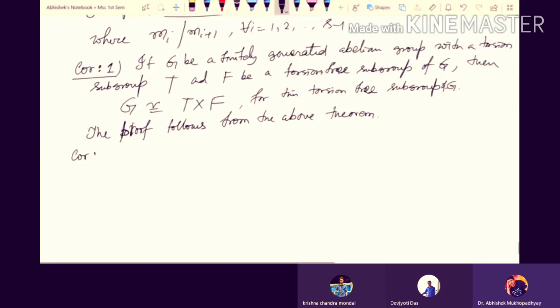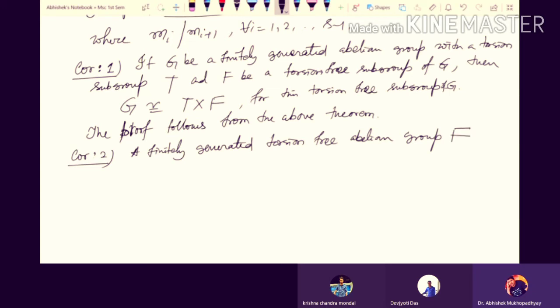The second corollary: a finitely generated torsion free abelian group F is isomorphic to Z × Z × ... × Z up to n factors, where n is the rank of the group.